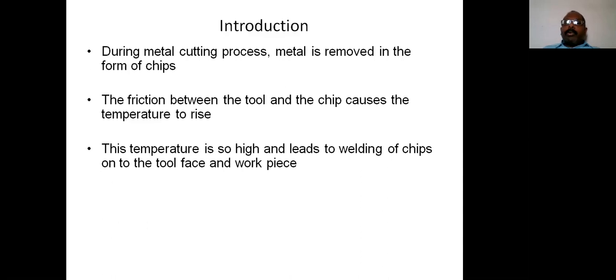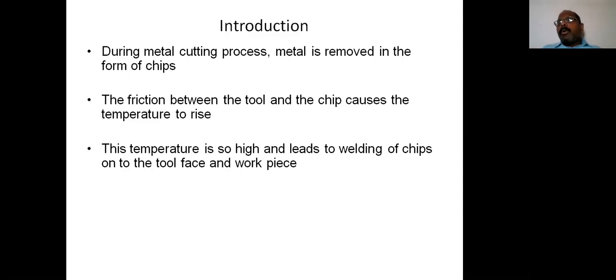So the most dangerous phenomenon that takes place if the temperature goes on increasing is that, at a particular stage, the chip produced is joined with the cutting tool.